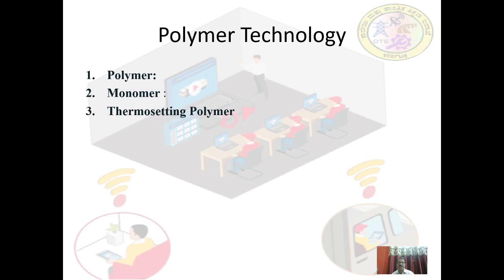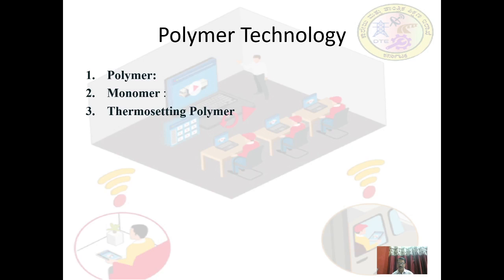Next, we have seen the thermosetting polymer. These are the polymers which, when heated, decompose and hence they cannot be reshaped. Such polymers have a cross-linked or branch-linked structure and are called thermosetting polymers.